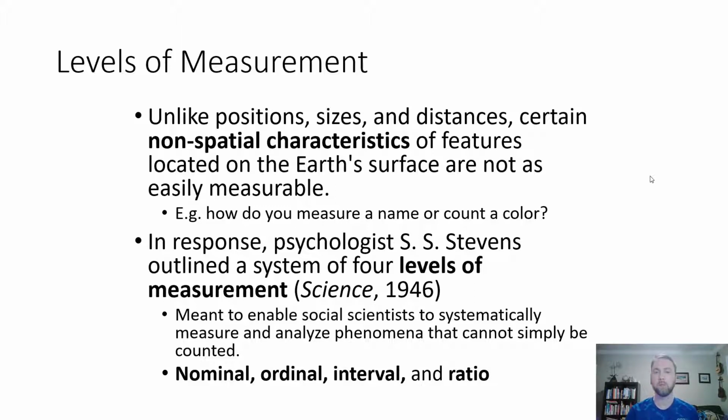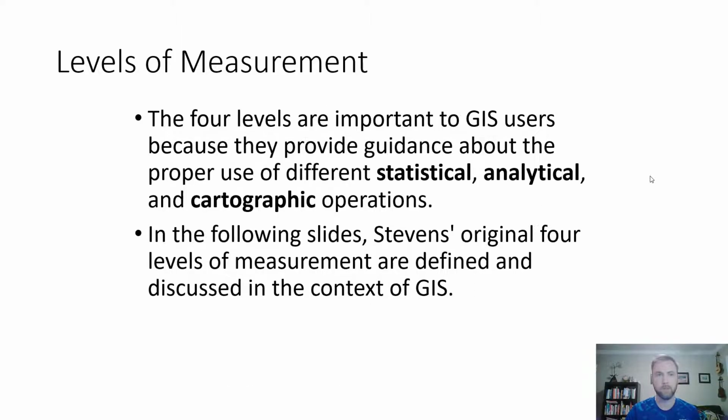This was meant to enable social scientists to systematically measure and analyze phenomena that cannot simply be counted. These levels of measurement are nominal, ordinal, interval, and ratio. The 4 levels are important to GIS users because they provide guidance about the proper use of different statistical, analytical, and cartographic operations. In the following slides, Stevens' original 4 levels of measurement are defined and discussed in the context of GIS.